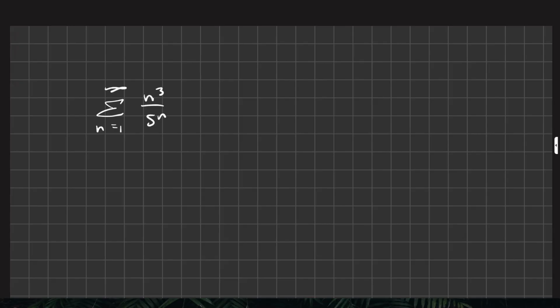This is a perfect ratio test candidate. Anytime you have a general exponential, like 5 to the n, and even polynomial terms, this is a really good time to use the ratio test. Or anytime, really. The ratio test works a lot of the time.